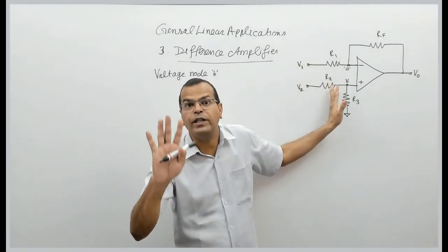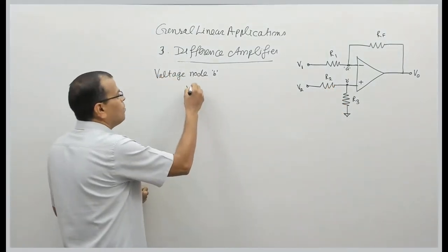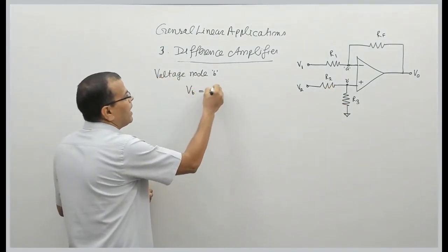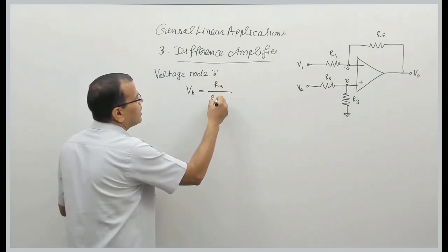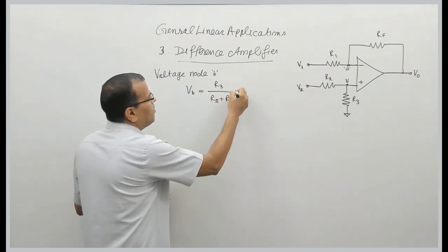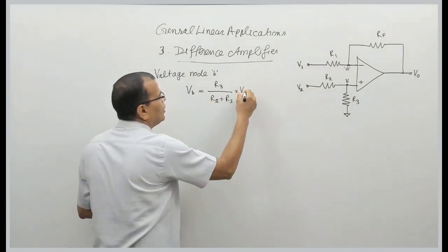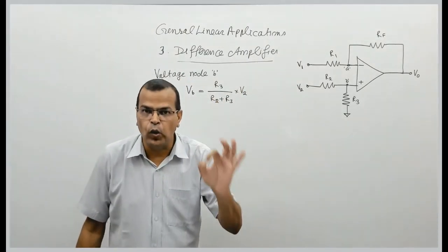That is called the voltage divider rule in network circuits. So the voltage at node B is obtained by applying the voltage divider rule, that is R3 by R2 plus R3 multiplied by the voltage V2.